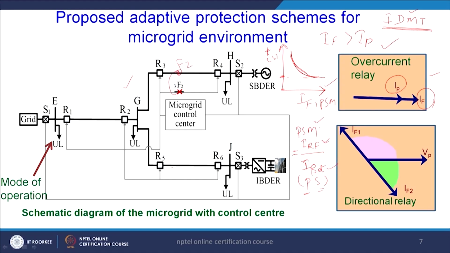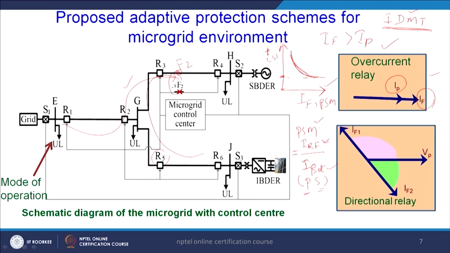Due to this fault, relay R5 will see some amount of current which is going to be contributed by this IBDR, and the grid is also going to contribute some current. In that case we have to take care of the current directions and the magnitude of the fault current.